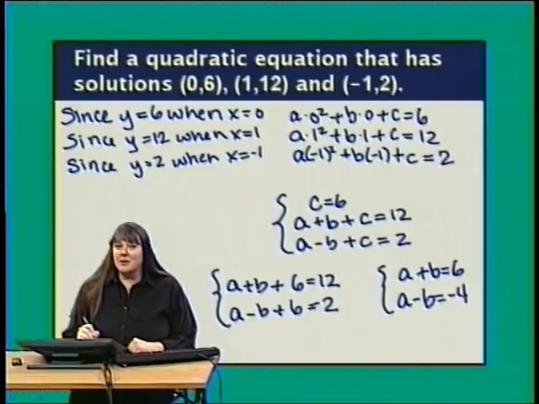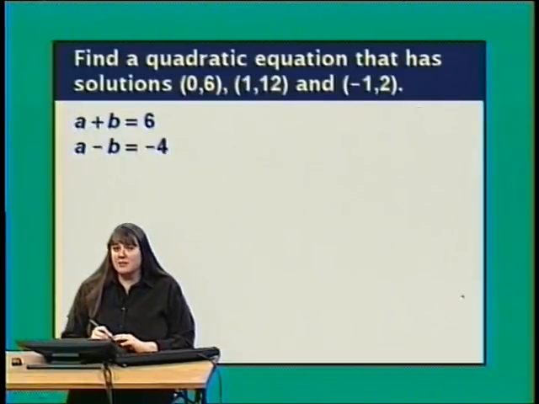Now I have a system of 2 equations with 2 unknowns. We actually talked about 3 different methods for solving linear systems of 2 equations and 2 unknowns. First, we did graphing to solve these systems. We also looked at elimination and substitution as methods to solve these systems. I think for this first example, I'm going to use the elimination method. And I'm choosing that because I see a plus b in the first equation and minus b in the second equation.